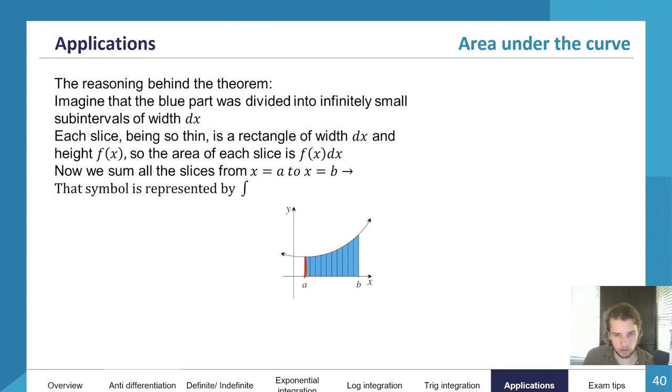So all these slices look like this, infinitely thin and multiplied by the height. If you were able to get the sum of all of those together between a and b, then you would correctly get the area underneath the curve. And that's what integration is actually doing functionally.